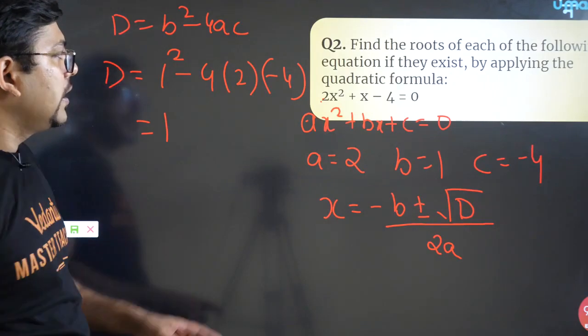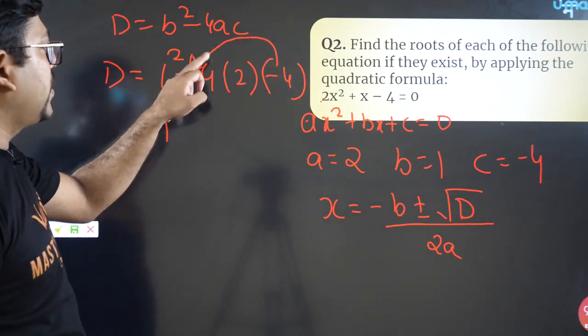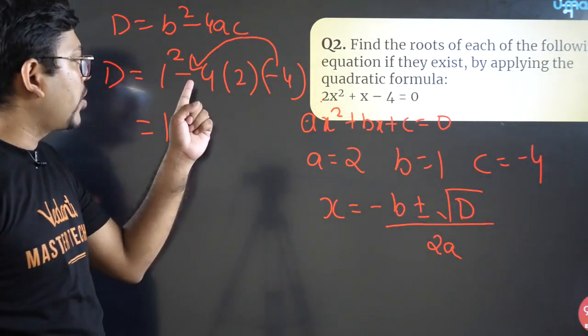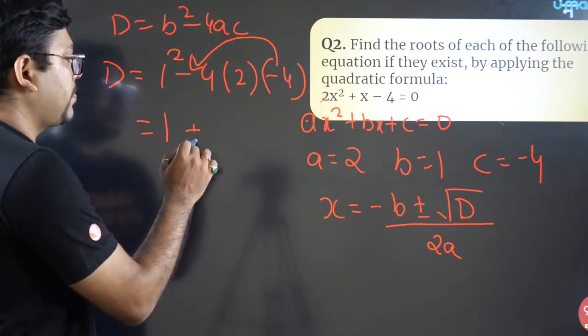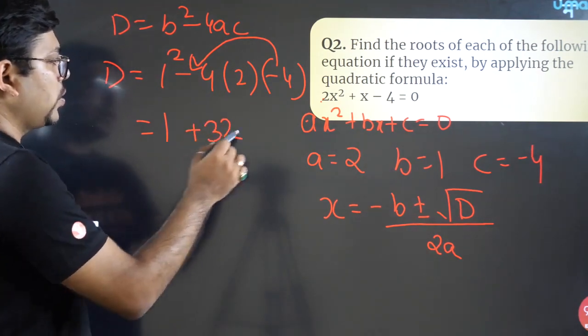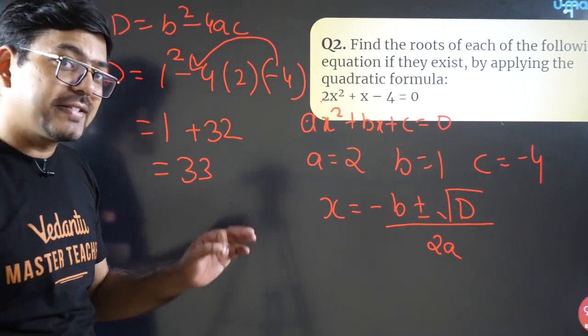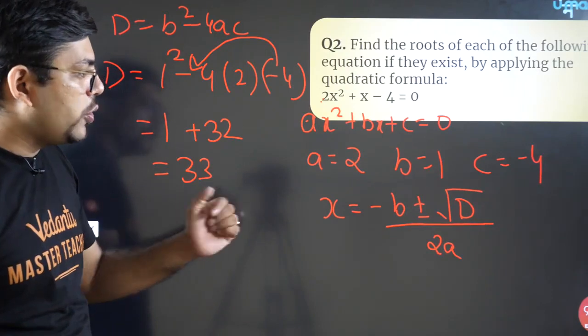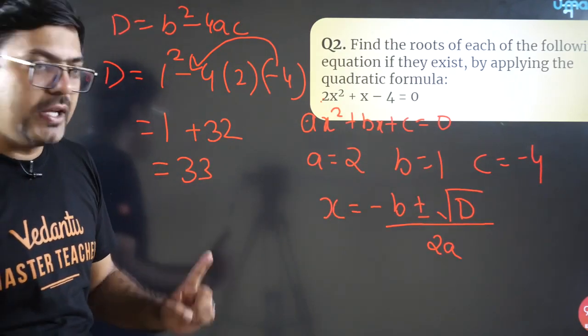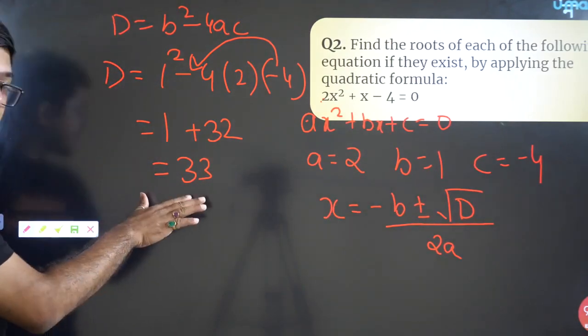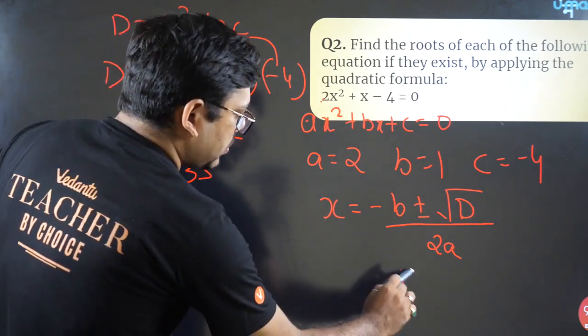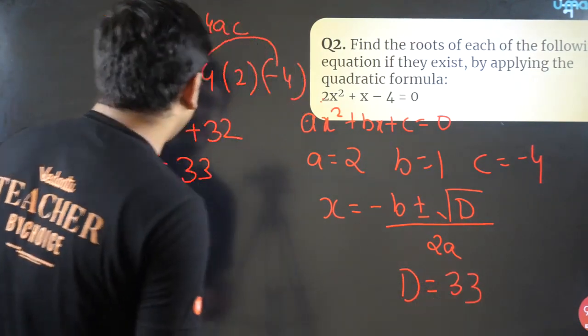So what you'll get, 1, minus into minus will become plus. So you have got 4 2s are 8, 4s are 32. So you have got plus 32. So finally you got 33. Means the discriminant which you have got is 33, one thing. And now you can just put the values here. Cool. So let's try it. So discriminant is 33. Just write it down somewhere here. Let's write it. Discriminant is 33.